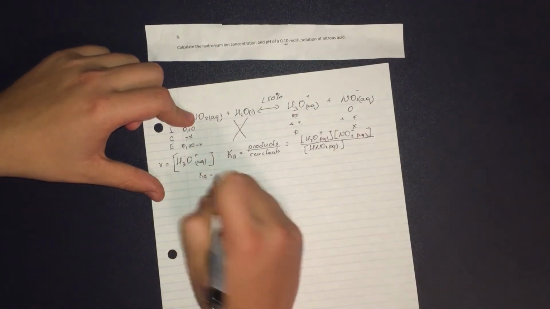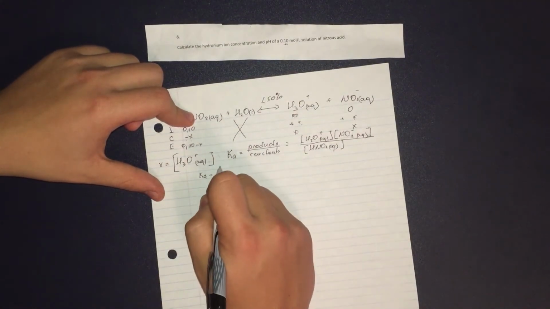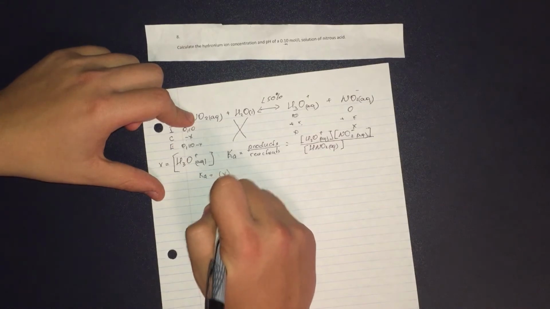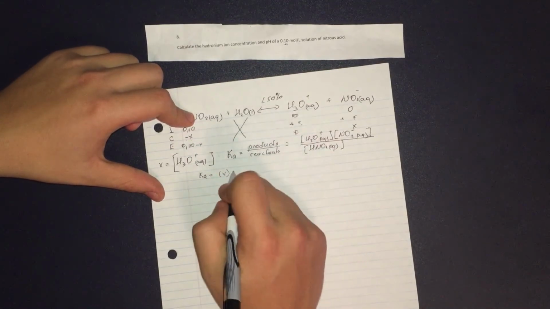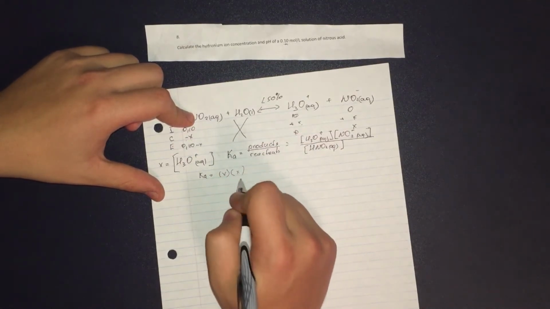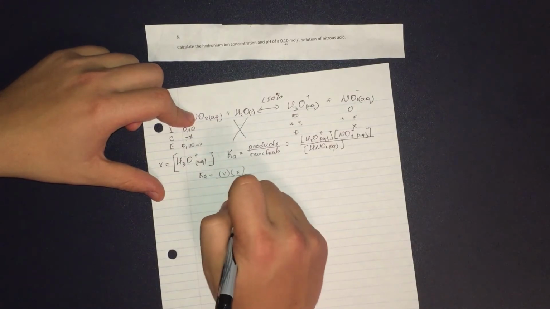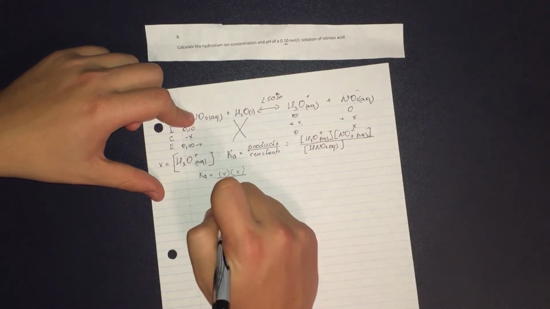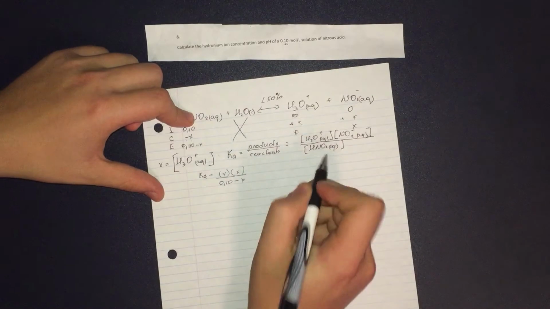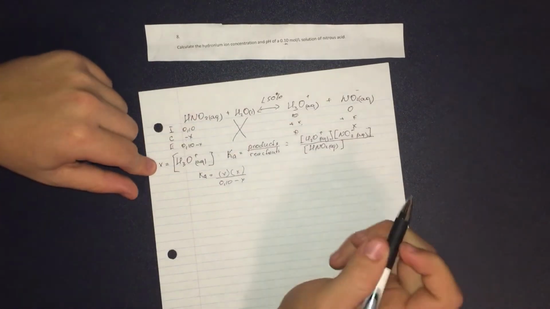Ka is equal to x for hydronium times x for NO2, divided by 0.10 minus x for our nitrous acid.